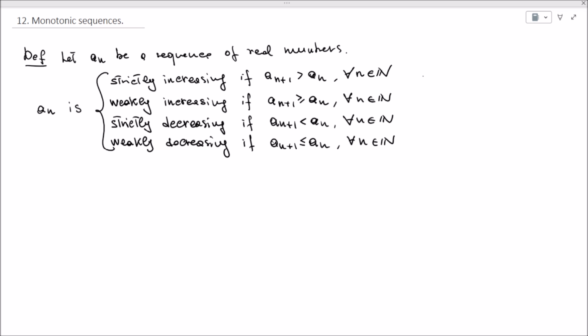So in all these cases, they can be considered as monotonic sequences.